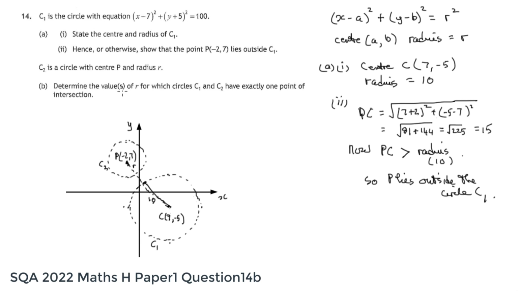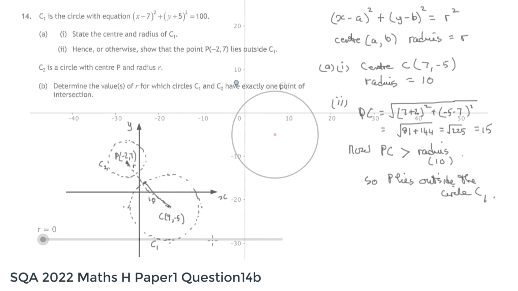And we have to determine the values of R, that's the radius of this, for which circles C1 and C2 have exactly 1 point of intersection. Now, I don't know how good your imagination is, but I'm seeing a picture of this circle expanding gradually until it touches this circle. Let's have a look at that.